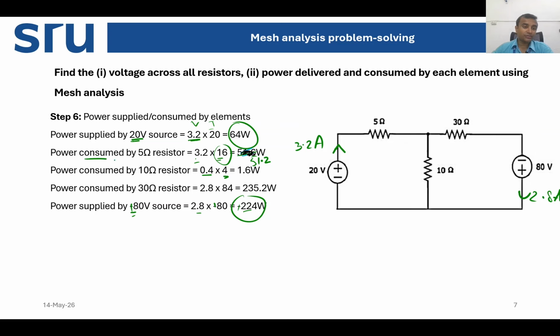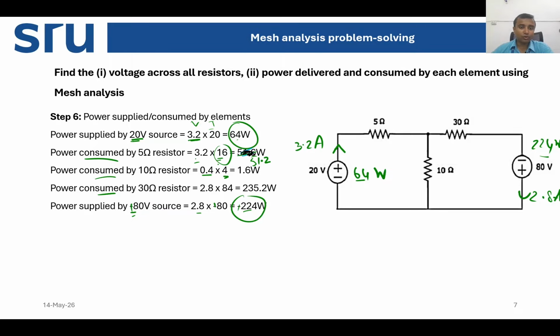The power is consumed by the resistances and supplied by these two sources. The power supplied by the 20 volt source is 64 watt, and for the 80 volt source it is 224 watt.